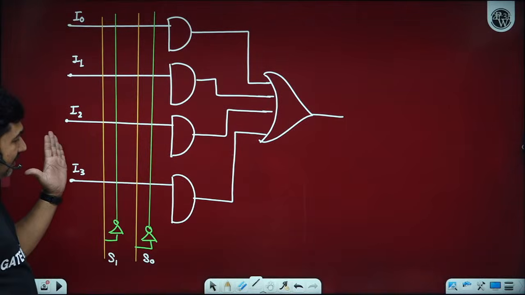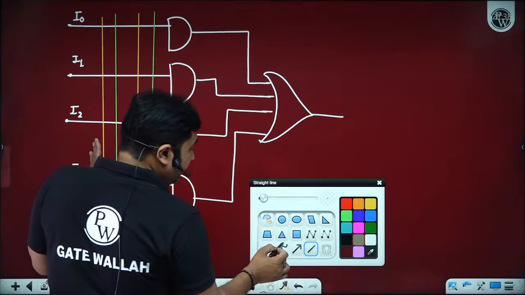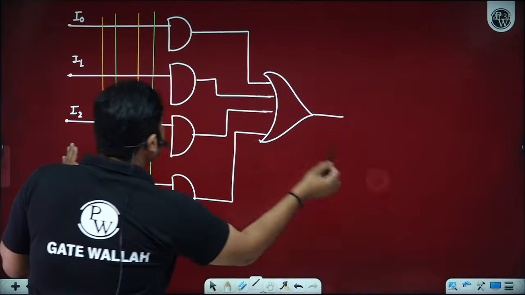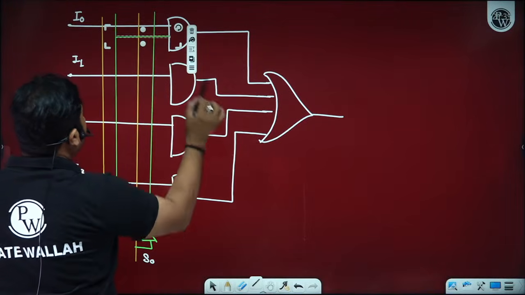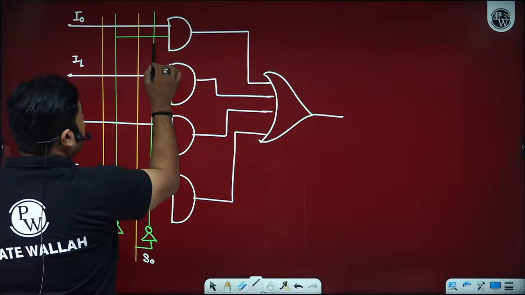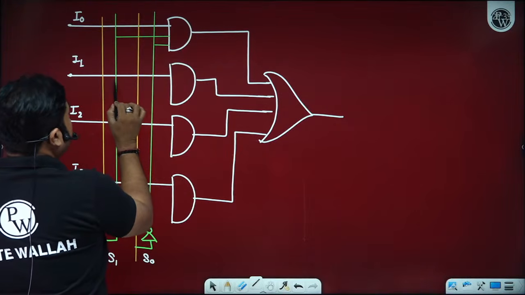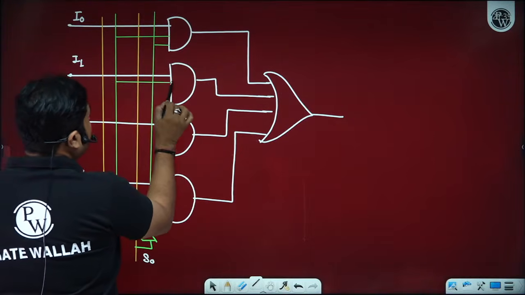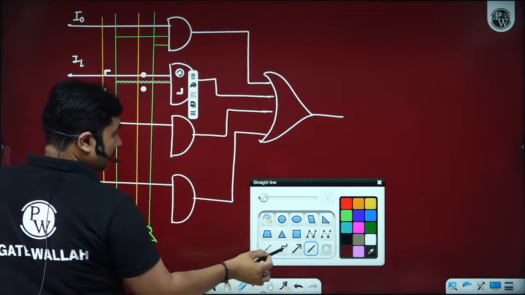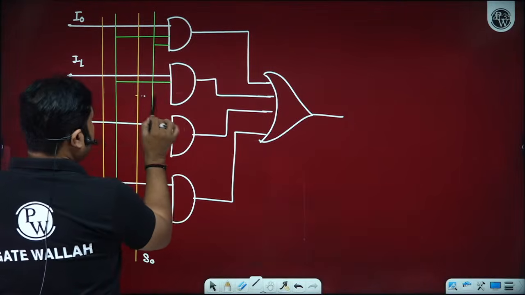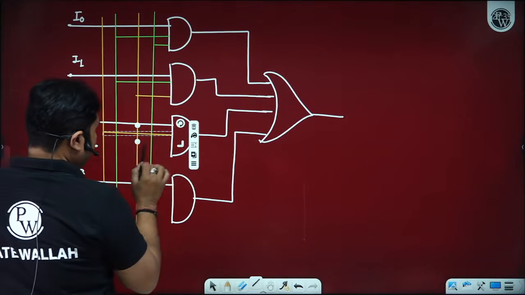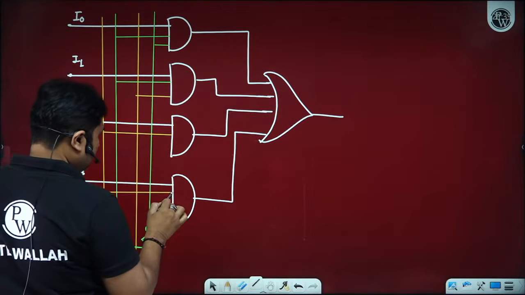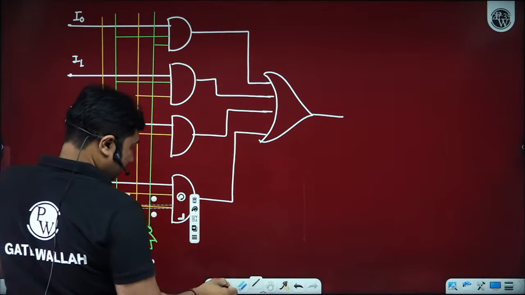Now please observe. We have I0, I1. So I am just representing here I0. Okay, and we have I0, I1 complement, I1, I0 complement, I1. Then we have I1, I0 complement, I1, I0.